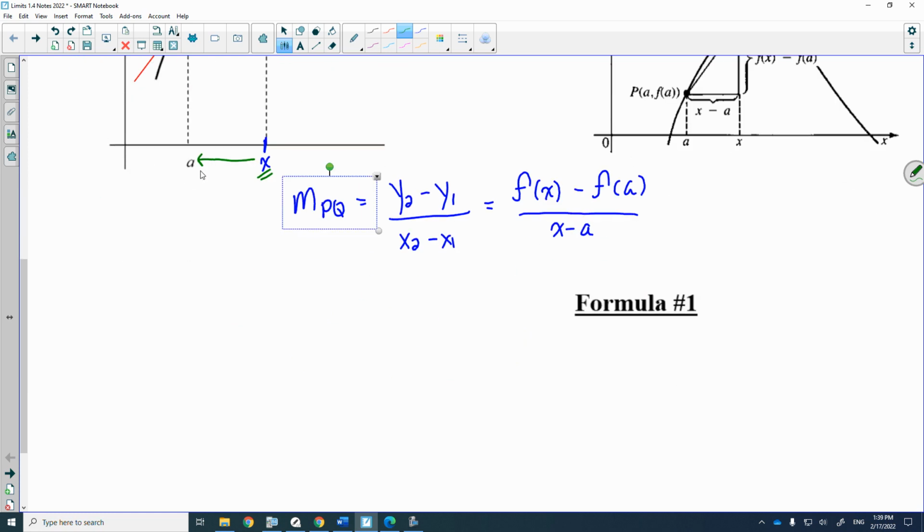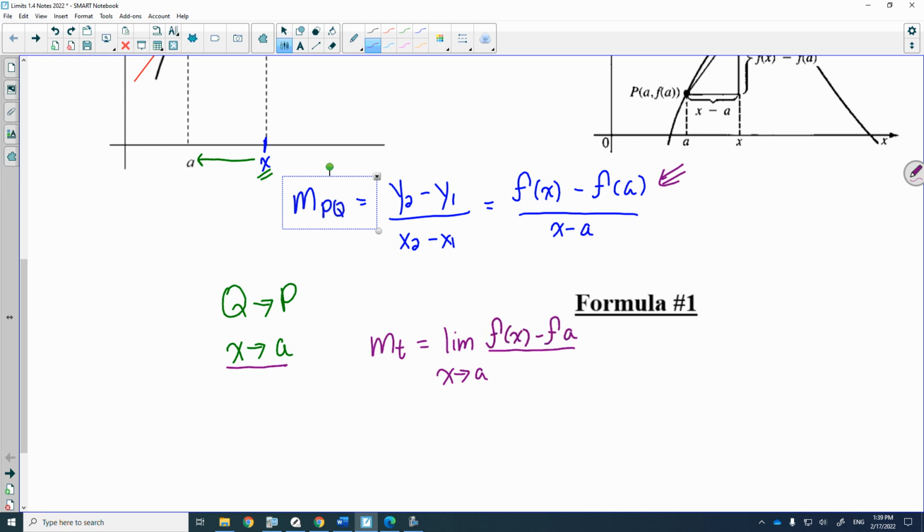So what we are doing is we are bringing Q closer to P, which means we're bringing x closer to a, and this is going to give us the first formula, or formula 1, which is going to be the slope of our tangent is going to be the limit as x approaches a of y2 minus y1 over x2 minus x1, which was right from here. So f of x minus f of a all over x minus a.